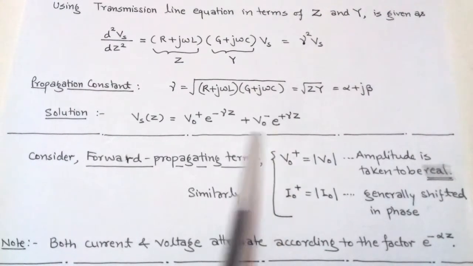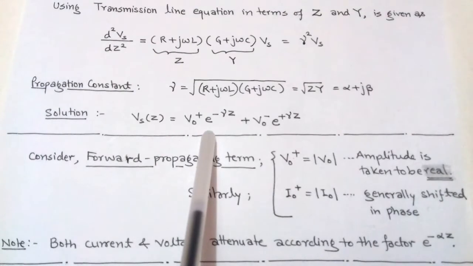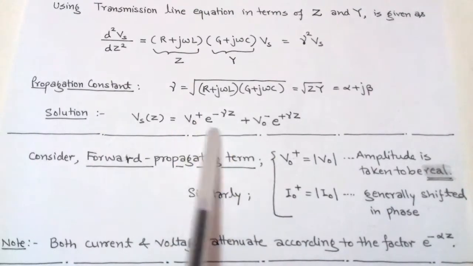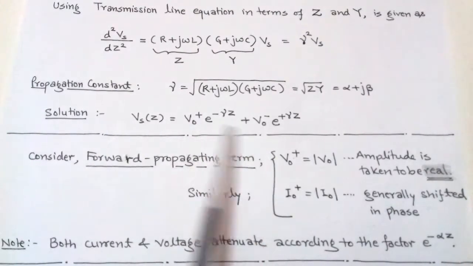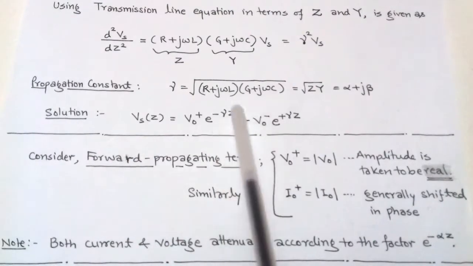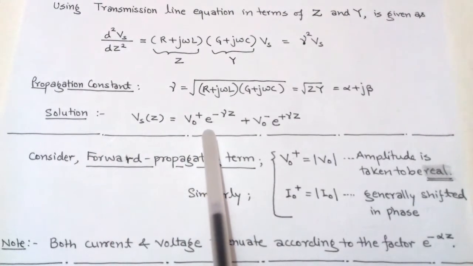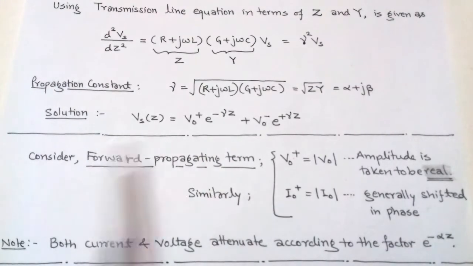Here the first term is for forward propagation and the second term is for backward propagation. And here V0 plus and V0 minus are called the amplitudes of the forward propagation and backward propagation respectively. So here we consider only a forward propagating term so that we get a finite value of the voltage function.